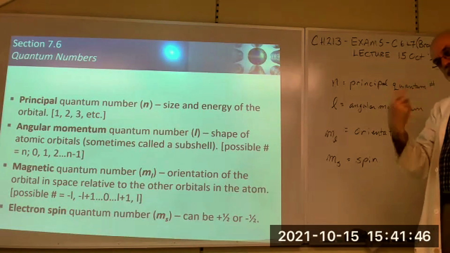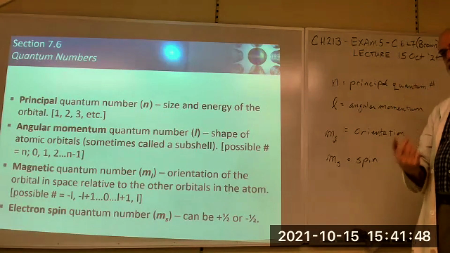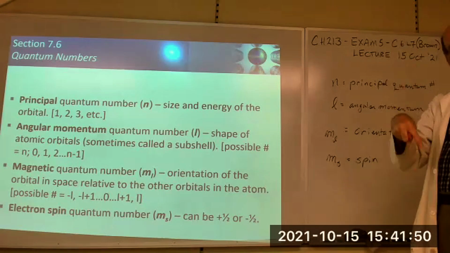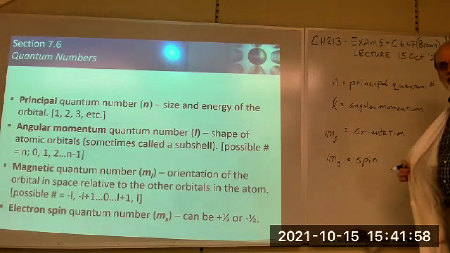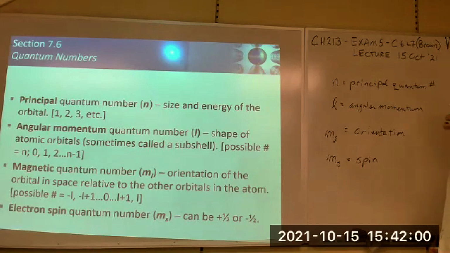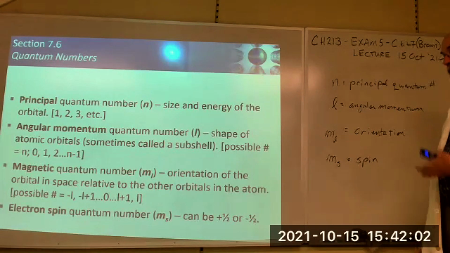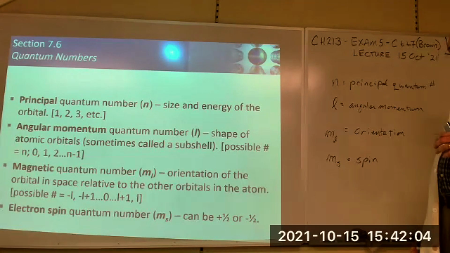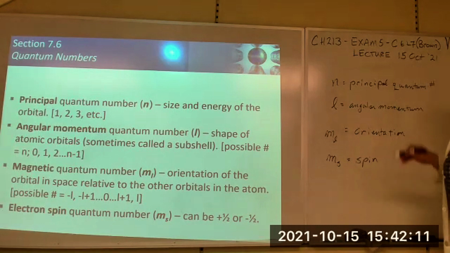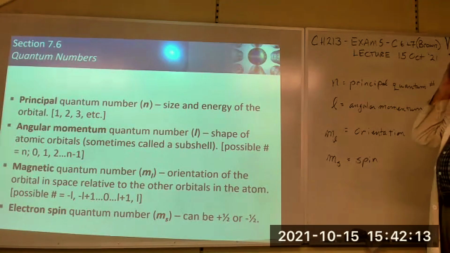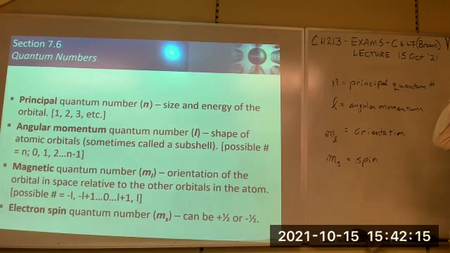If it spins this way, it has an angular momentum one way; if it spins the other way, it has an angular momentum the other way. That's what we think of in terms of the spin quantum number for electrons, although in reality the electron doesn't spin like that. It's just a way of keeping track of things. So with these 4 numbers, you can completely describe the electronic structure of an atom.